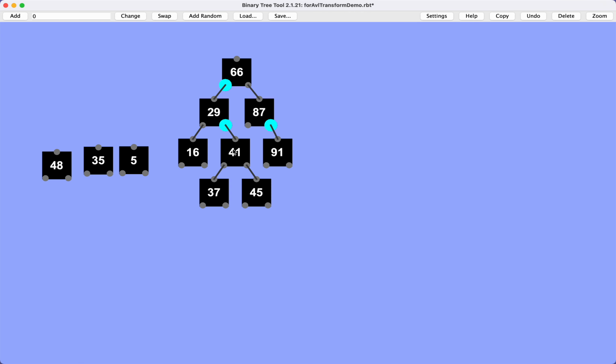That means it is a balanced subtree. And any leaf node is going to be balanced because it has no nodes, so both subtrees are null and therefore the same height.